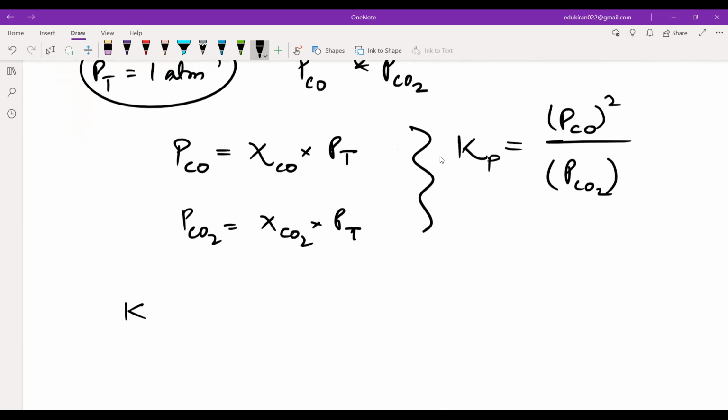You have calculated Kp. How will Kc come? What is the formula? You have learned the formula is like this, na? Kp is equal to Kc into RT to the power delta Ng. Now use this formula to calculate the Kc. I think they have asked Kc only, na? Yes, they asked Kc. Okay, fine, this is lengthy, but it is not a new concept. It's just that they have included the partial pressure concept from the states of matter chapter.